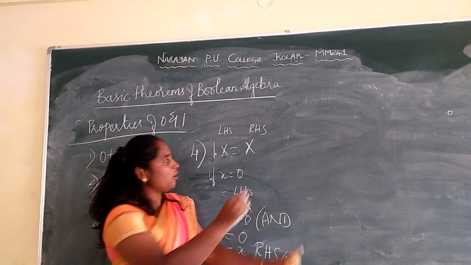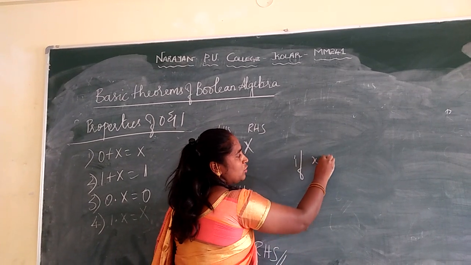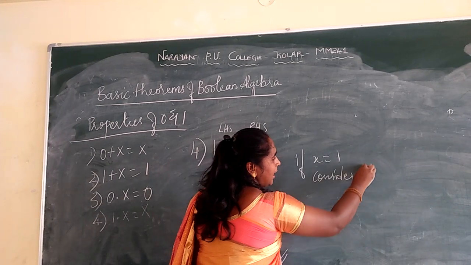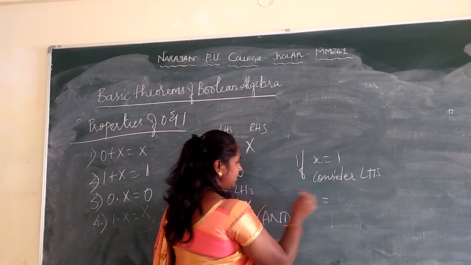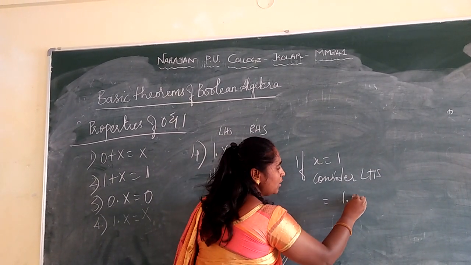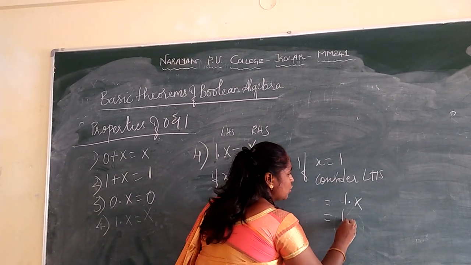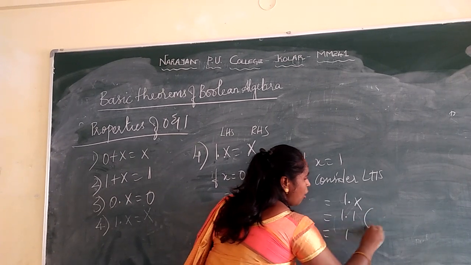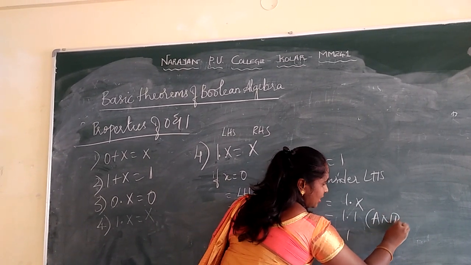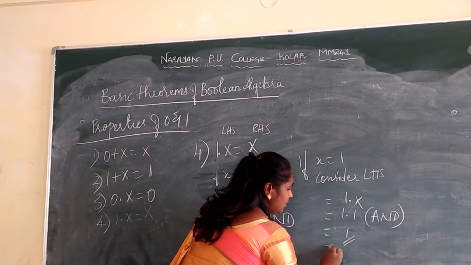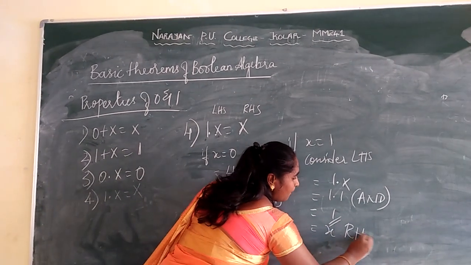Next, for the condition x is equal to 1, consider your LHS. LHS is 1 into x. In place of x, substitute the value 1. 1 into 1 is 1 according to your AND relation. So 1, what does it equal? Again it equals x. So your RHS is proved.